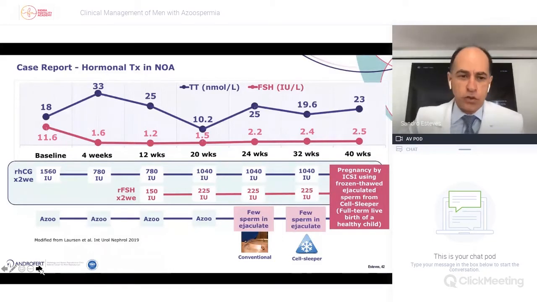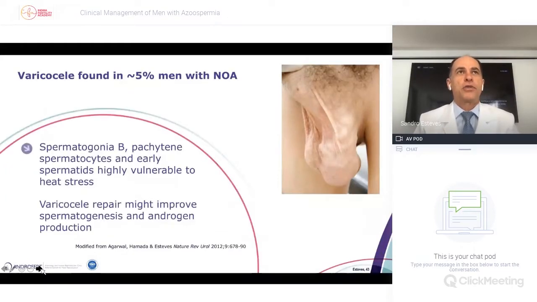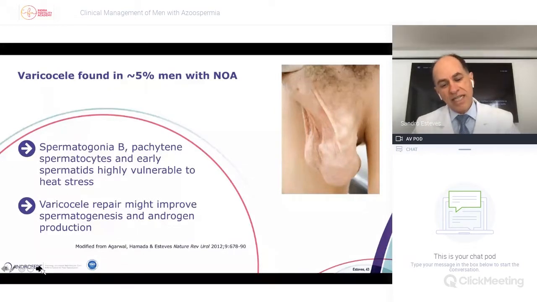So here you can see two cases. Obviously, I'm presenting two successful cases, but just to highlight the importance of exploring the opportunity to provide stimulation with HCG and eventually FSH to boost testosterone production and spermatogenesis.